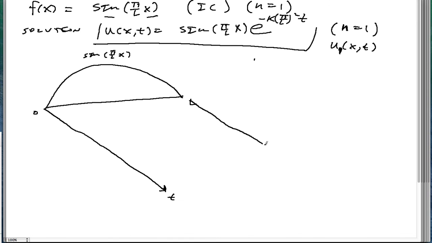I'll put my other boundary here. We just want to draw what this looks like. And we see here, if we just analyze this solution, this is a decaying exponential. K, of course, was a positive constant. We'll just set it equal to 1 for now, and we can even set L to 1. It doesn't matter. But as long as that's a positive constant, because of that negative sign there, this is going to be a decaying exponential.